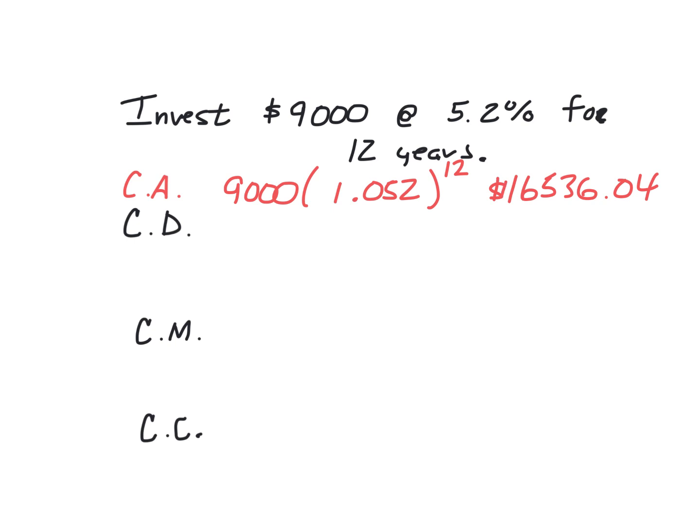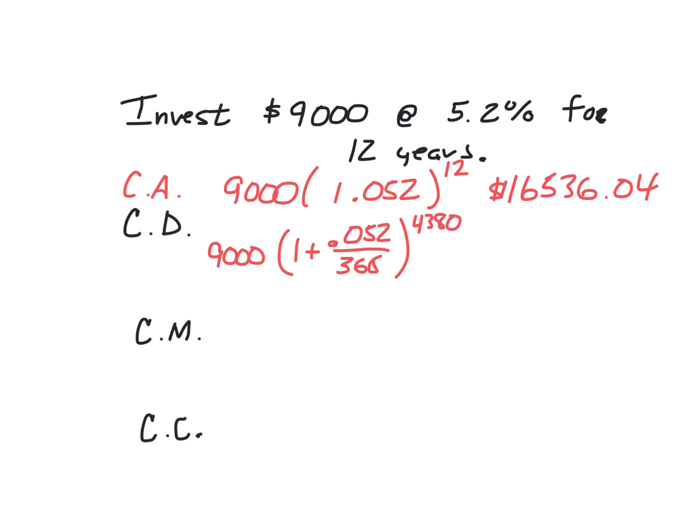Okay, compounded daily. So daily is 365 times a year, so it'd be 0.052. I'm going to divide by 365, add the 1. The 9,000 stays the same. 12 years, that power is going to be 12 times 365, which is 4380.